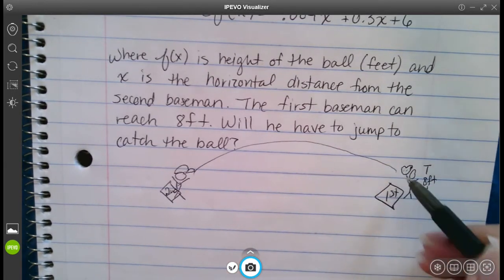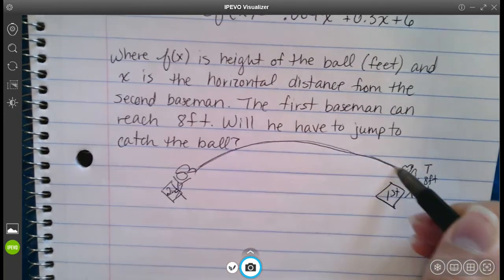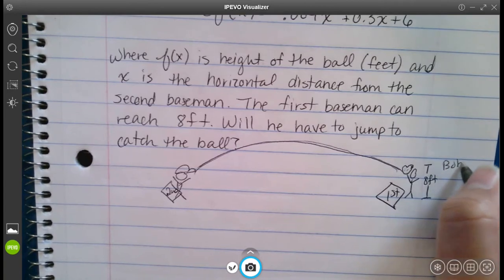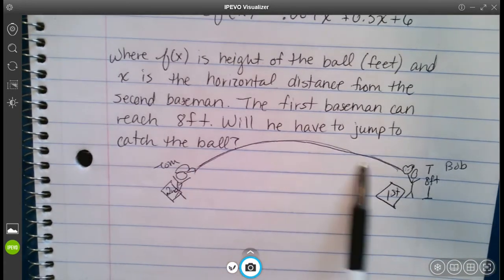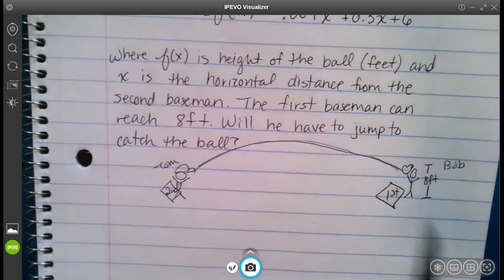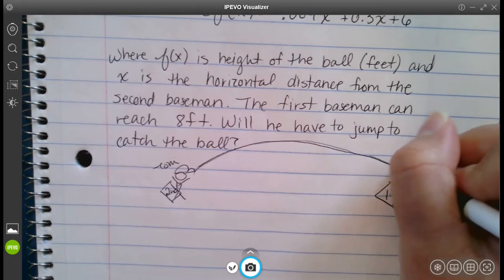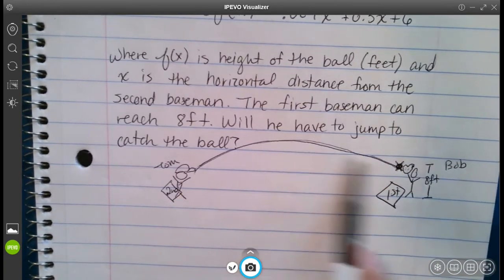And the question is, let's call him Bob. So this is Bob and this is Tom. When Tom throws the ball, is Bob going to have to jump or can he just put his hand up and catch the ball? So this little point right here is the height of the ball at that point.